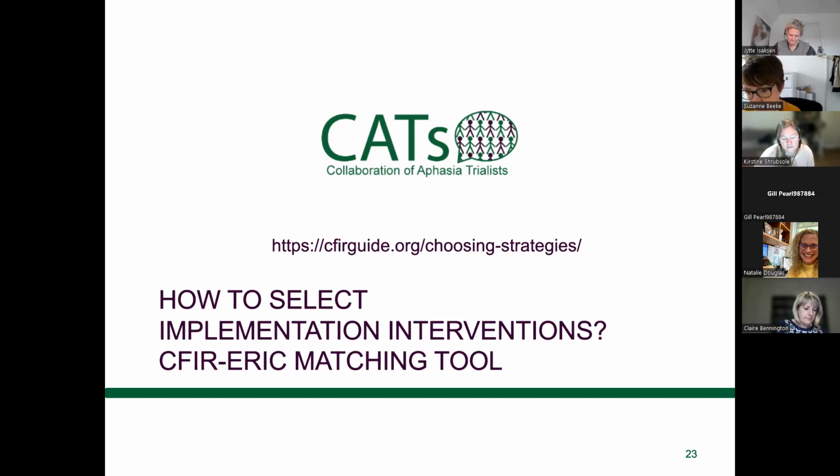So you can see the website here, cfirguide.org/choosing-strategies. And if you are not familiar with ERIC, this was an e-Delphi panel where several implementation science researchers tried to lay out what are implementation strategies, what are implementation interventions. And they actually came up with 73, and then they grouped them into buckets from there to make it a little bit less overwhelming.